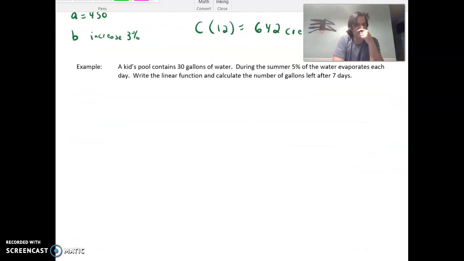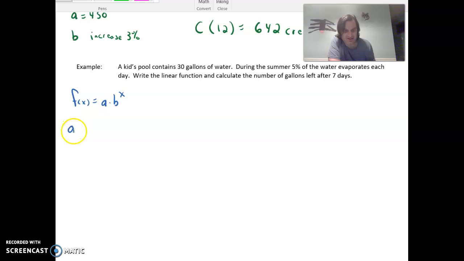A kid's pool contains 30 gallons of water. During the summer, 5% of the water evaporates each day. Write the linear function and calculate the number of gallons left after 7 days. So let's see what's happening here. Once again, we're writing a linear function.